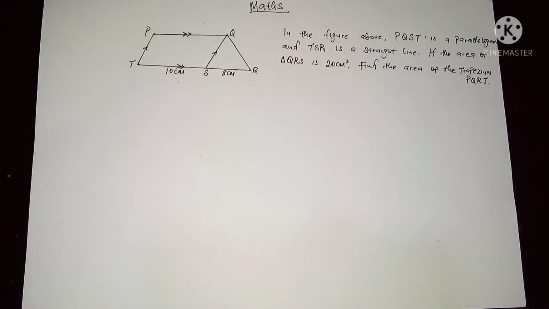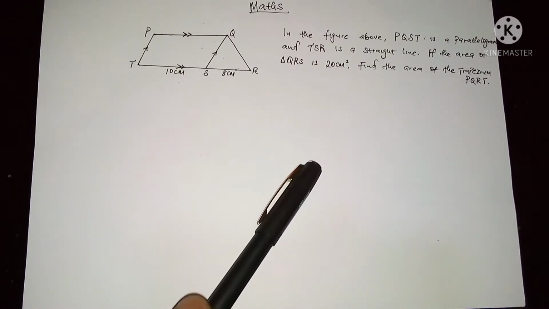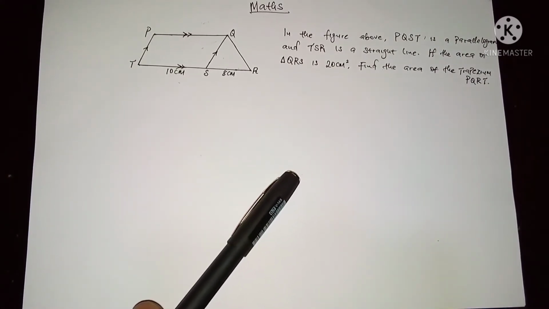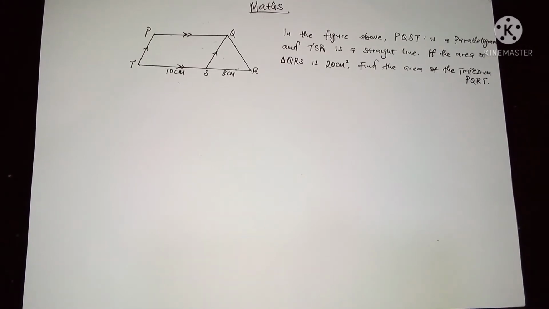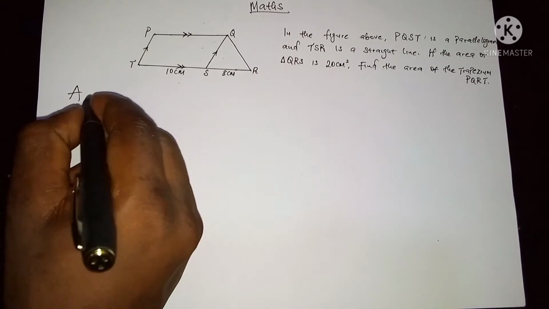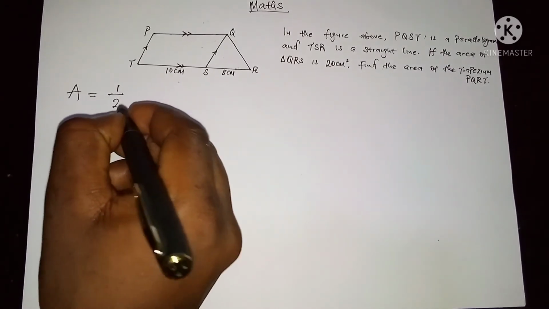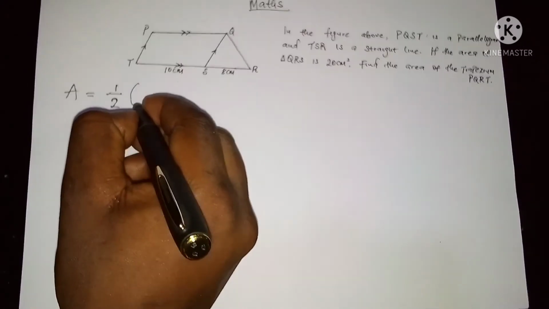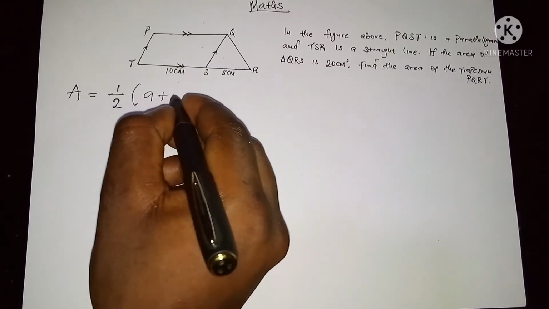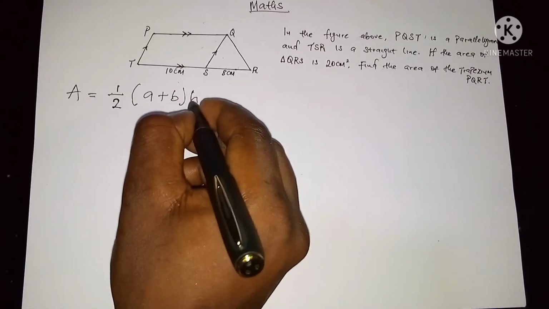Now we know what a trapezium is, we can go forward to look for its area. You will recall that the area of a trapezium is given by A equals half (a plus b) h.